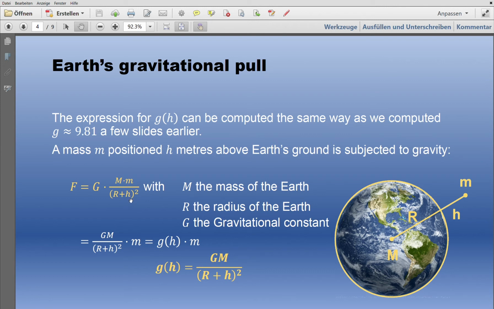It has increased by h, which is why I write capital R plus h as the distance. Okay, same transformation, and we arrive at capital G, capital M divided by the square times the test mass. So our gravitational pull can be rewritten as capital G, capital M all over capital R plus h all squared.